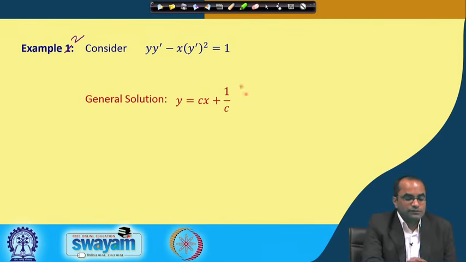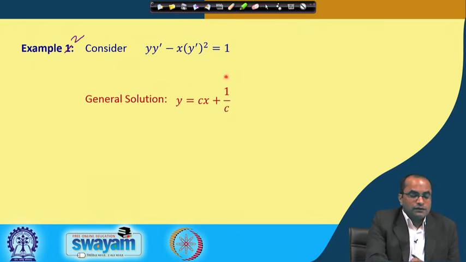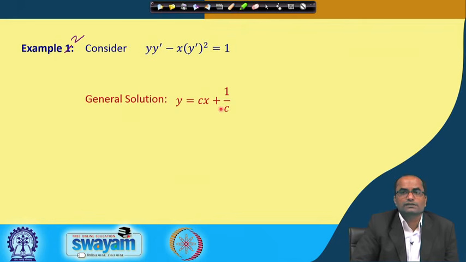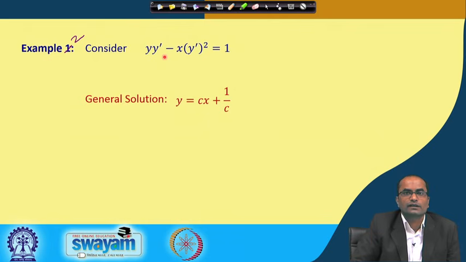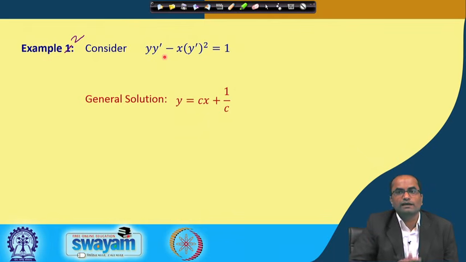The general solution of this differential equation comes out to be y is equal to c x plus 1 over c. Here we have a one parameter family, c is the only parameter in this equation, and one can easily verify that this also satisfies this differential equation for any value of c.